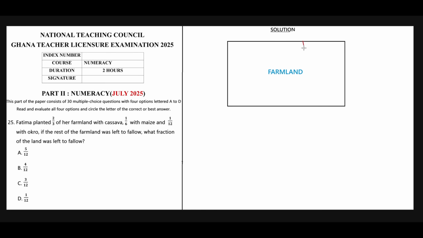So let's say this particular portion, the whole of this portion was used to cultivate cassava. So cassava, 2/3.